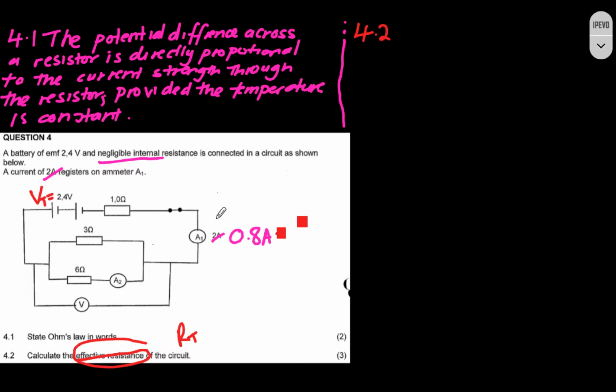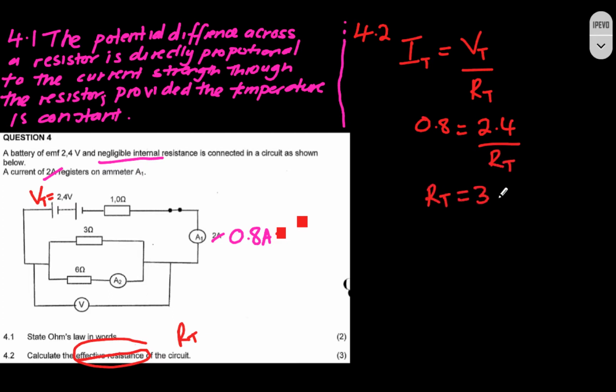So we can use those to actually calculate the total resistance. So that's what we're going to do. So our total resistance is equal to total voltage over the total current. Now substituting in the equation, it's going to be Rt is equal to the total voltage 2.4 divided by the total current 0.8. This will give us a total resistance equal to 3 ohms.